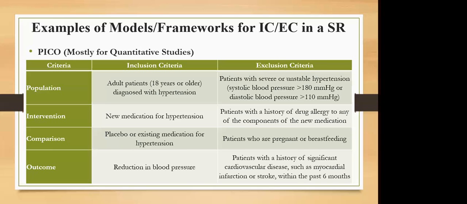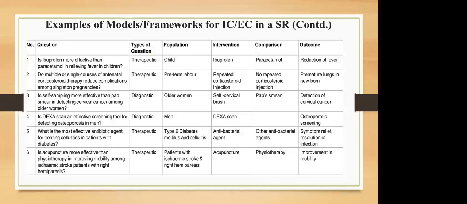Now, before I give other examples, these are research questions. These are a couple of research questions, and it will be very important for you to test yourself based on some of these examples that I've just shown, before I show another model of how to identify your population, your intervention, your comparison group, and your outcome.